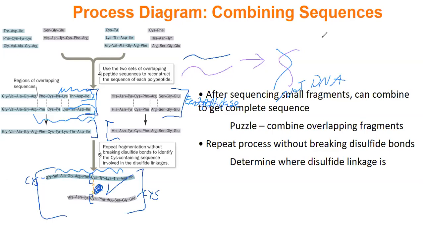You sequence those cuts and then try to match up pieces that overlap to make the whole sequence, make the whole primary sequence. And that's what we're talking about. I forgot to mention it today. Primary sequence is the order of amino acids, which I'm going to say AA.